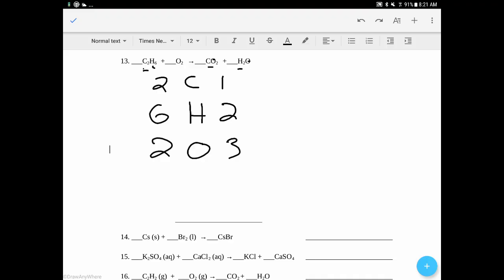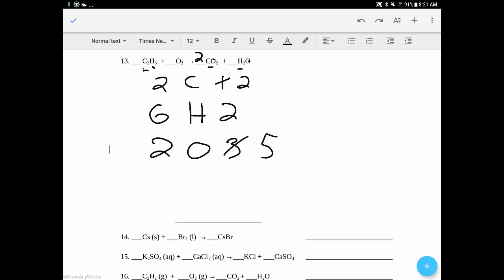Okay, so let's first balance the C's. Okay, so on the left we have 2, on the right we have 1. Okay, so let's put a 2 here, and now we have 2 C's. Now that 2 also changes the O's, so we now have 5 O's. Okay.